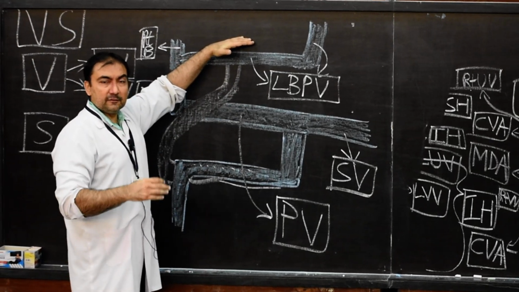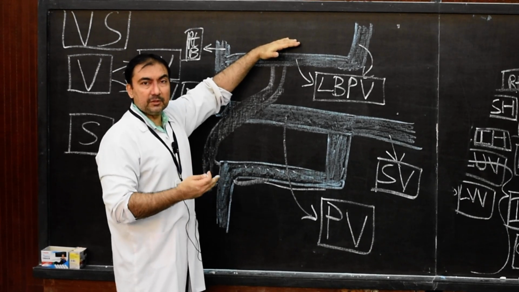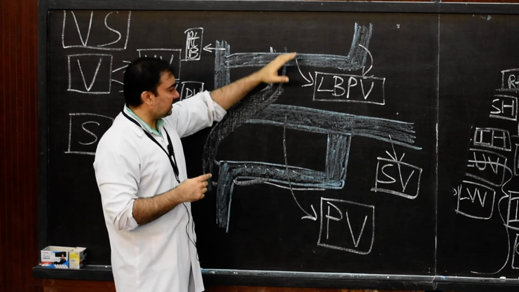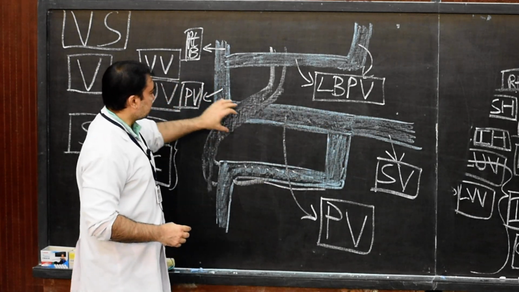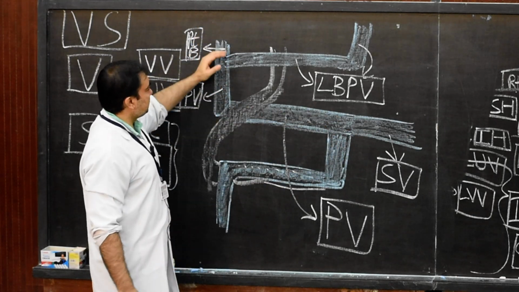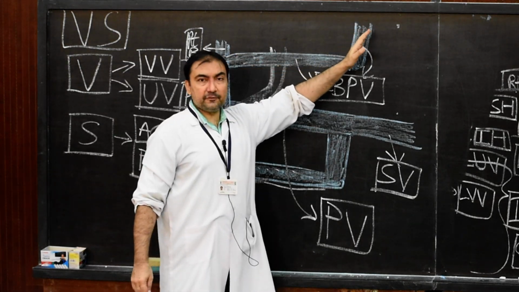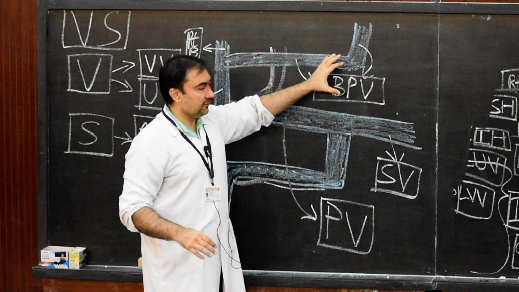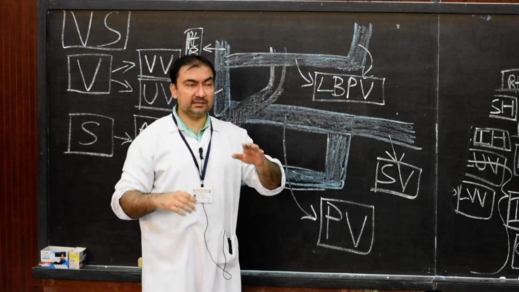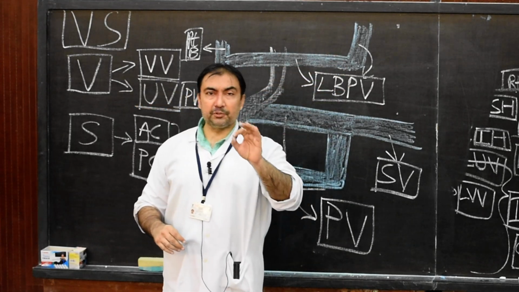The infrahepatic part of the development of the portal vein. We have finished the entire portal vein: the superior mesenteric vein, splenic vein, the stem of the portal vein, the right branch and the left branch of the portal vein. Now coming up in the next segment is the intrahepatic portion of the portal vein.